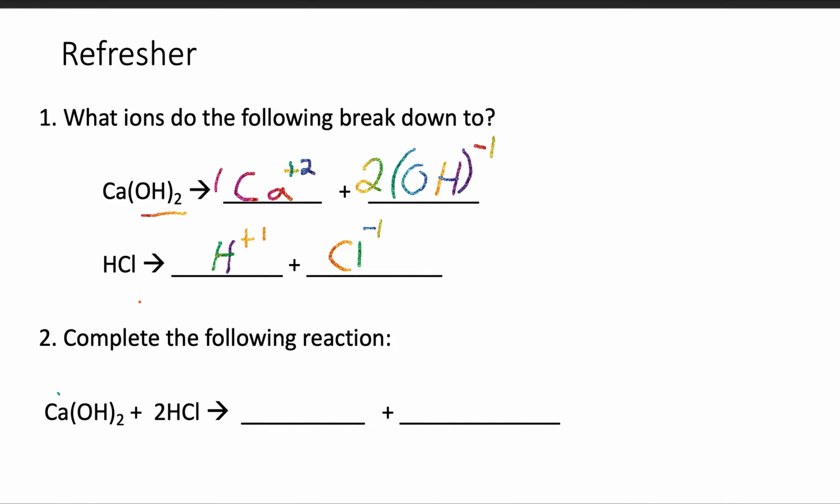So we're going to start with this one. We already saw the breakdown here, and it breaks down to give you calcium, two OH, and then we're going to have chlorine, sorry, and we have the hydrogen that comes over here.